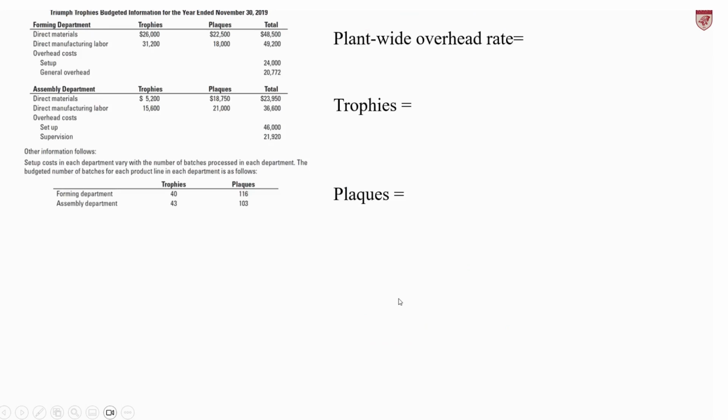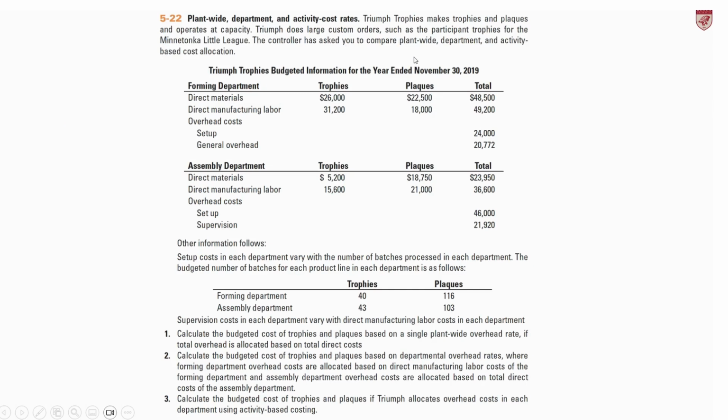Let's first figure out number 1, the plant-wide overhead rate. So this is nothing more than to lump everything together. So the manufacturing overhead cost is going to be the sum of these two and these two, right? So the numerator is going to be 112,692, and then the allocation base is the total direct cost, right?